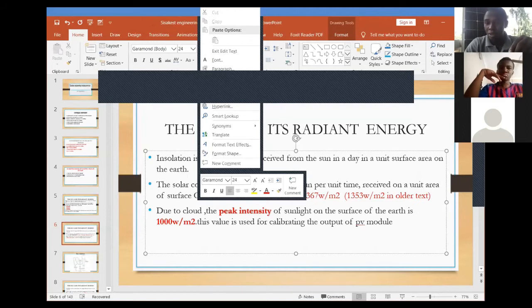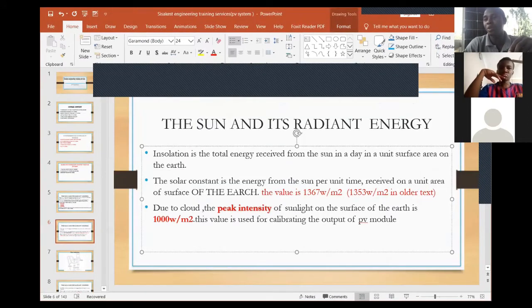The earth is a geoid. A simple example of what a geoid looks like is if you buy a tangerine, peel some part off and leave some part open, that irregular shape is what a geoid looks like. So some areas will receive high intensity, some areas will receive low intensity, as a result of the shape of the earth.